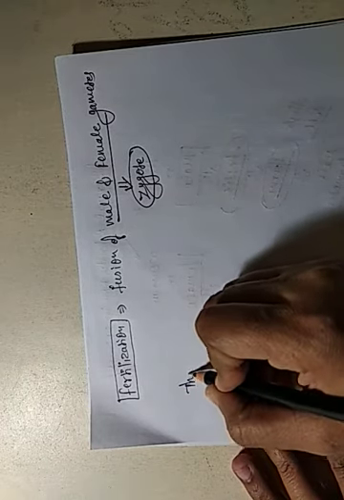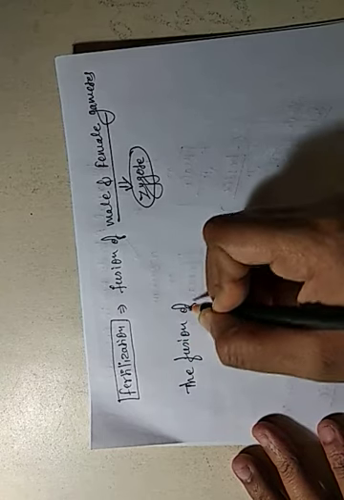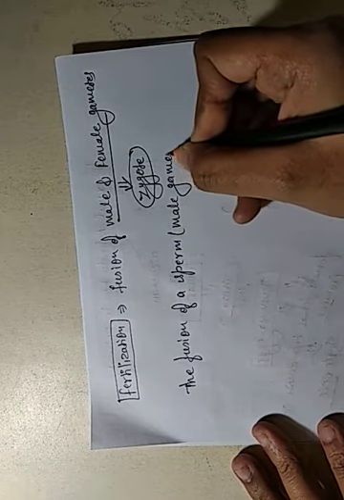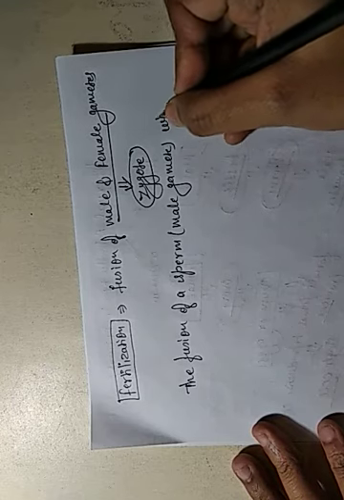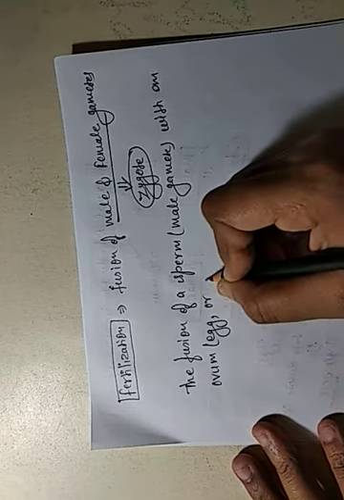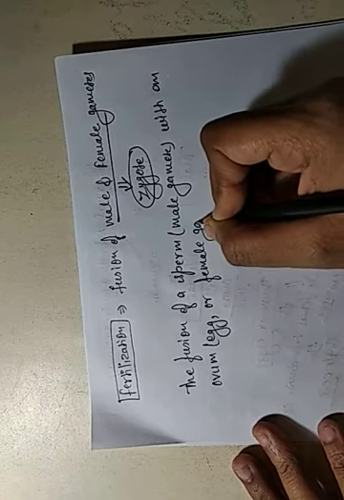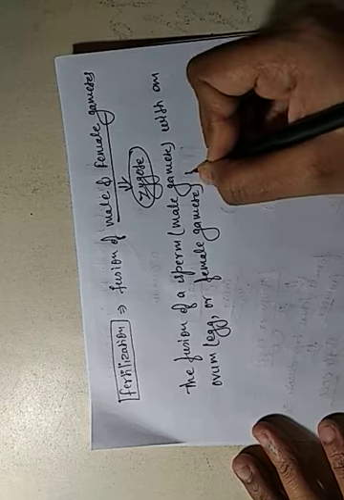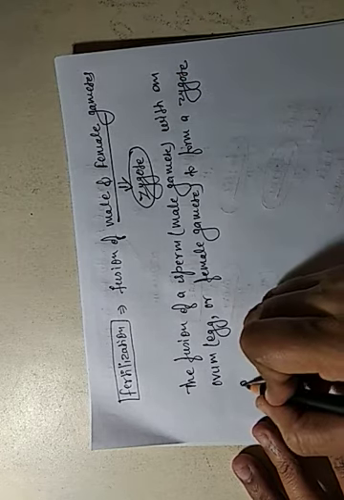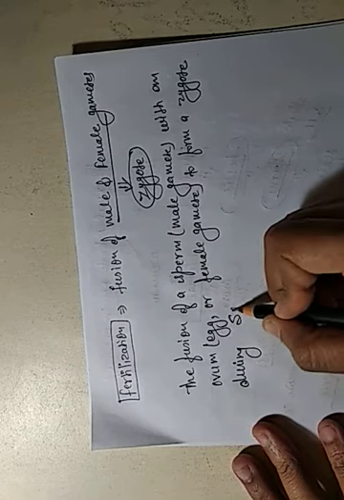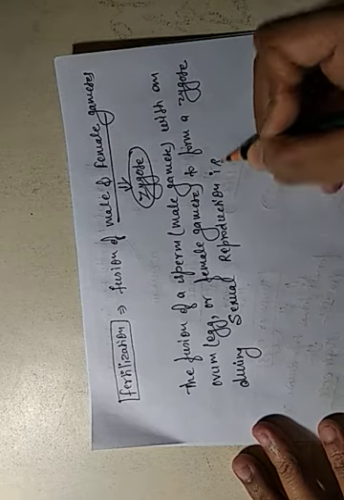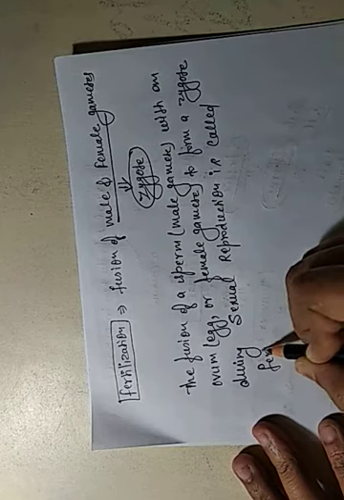So the fusion of a sperm, the male gamete, with an ovum or egg, the female gamete, to form a zygote during sexual reproduction is called fertilization.